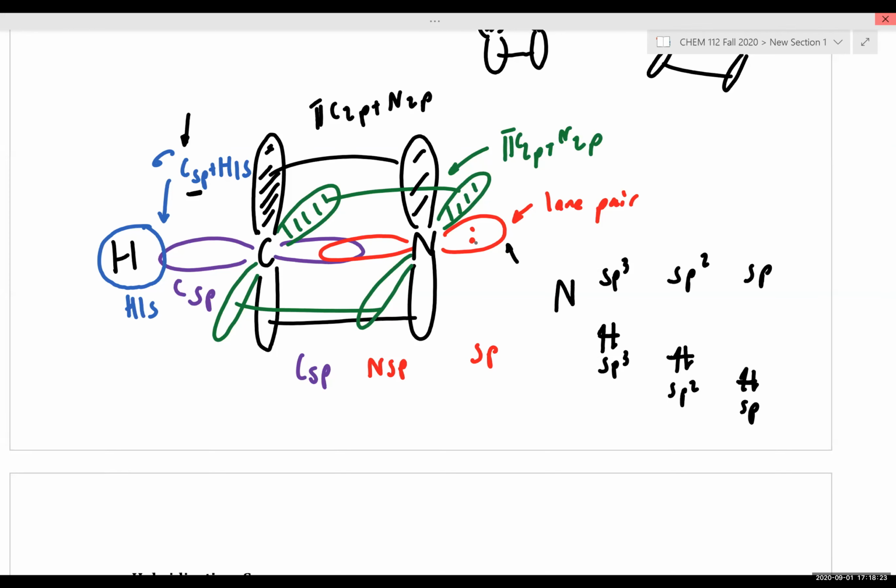And as we can clearly note, the sp hybridized nitrogen, we have a low energy orbital, and as a result, we have a relatively low energy lone pair. Does that idea make sense to everyone? Any questions on this idea?